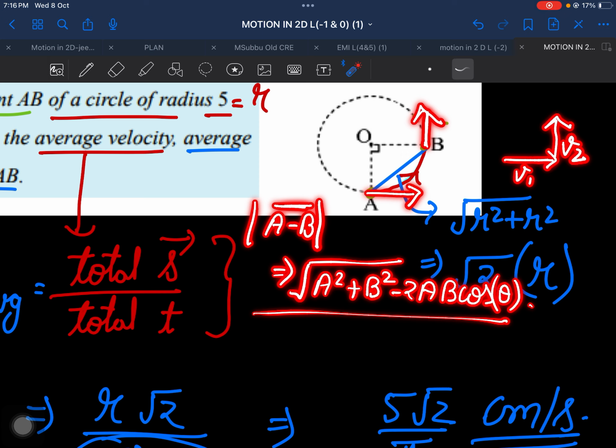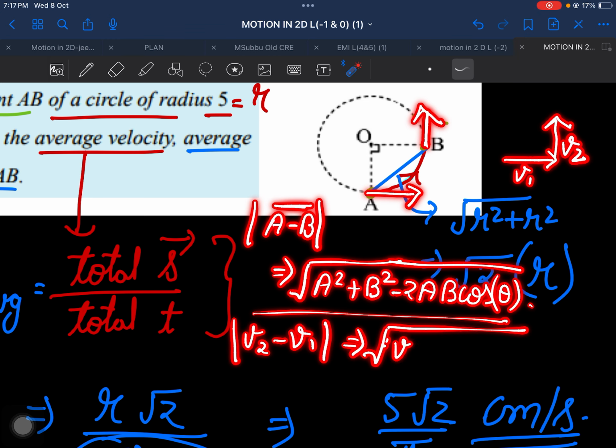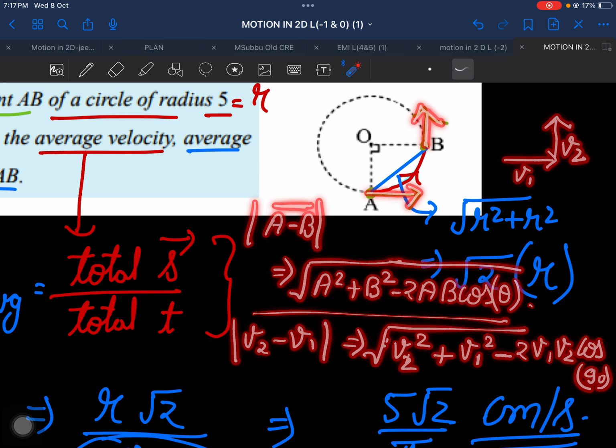So if you have to find the magnitude of v2 minus v1, then what do we have to do? Again, under root, v2 square plus v1 square minus 2 v1 v2 cos theta. What is the angle between the two vectors in this case? Yes, 90. And cos 90 is 0.